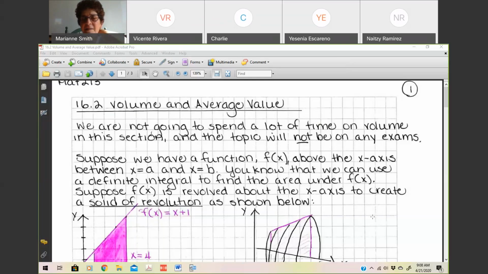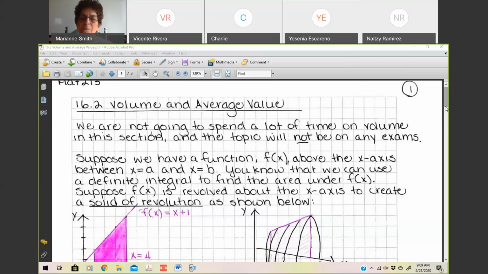So again, it's primarily used in engineering contexts, and especially when it's difficult to measure volume directly. Okay, so again, that disclaimer said the topic will not be on your final exam, but there is some homework on it just so you can practice with it. Again, it's one of the classic uses of a definite integral.